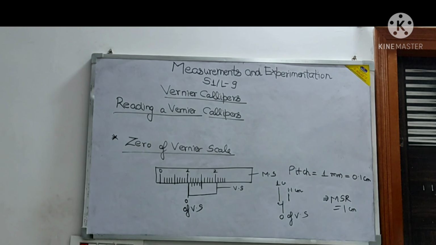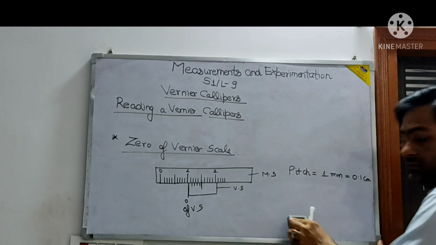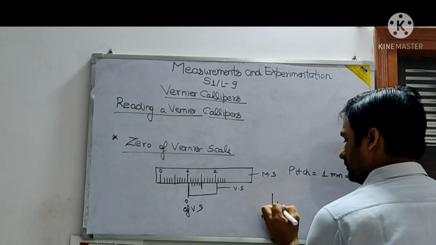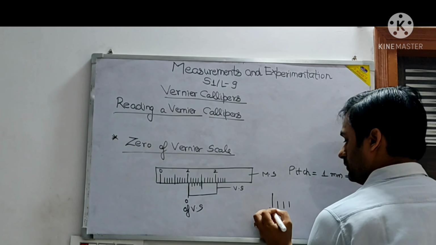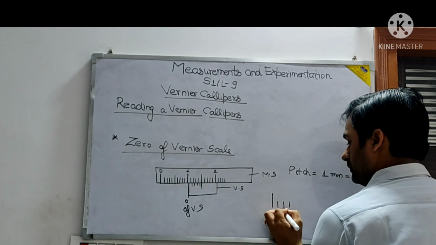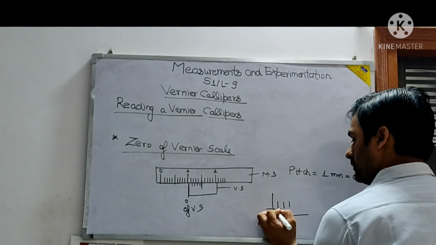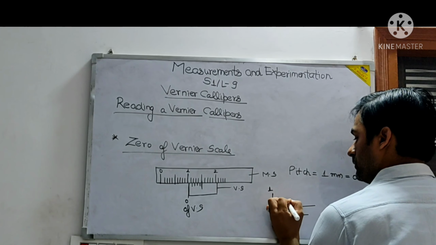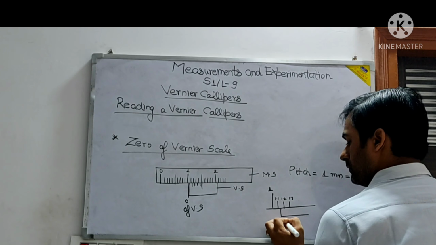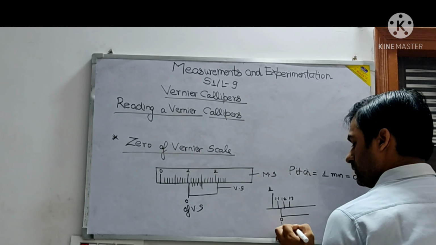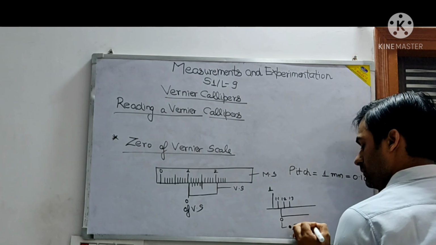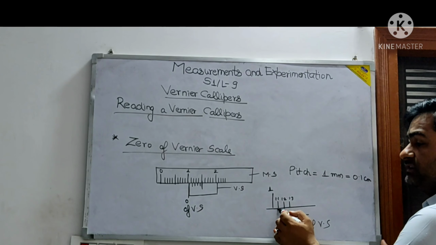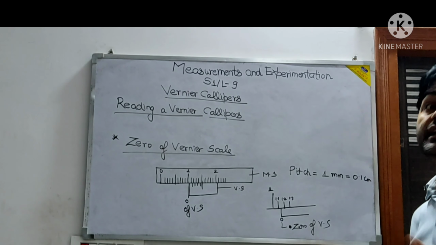Another example of the same thing. If the zero of vernier scale is lying between 1.1 centimeter and 1.2 centimeter, then which reading will we take?